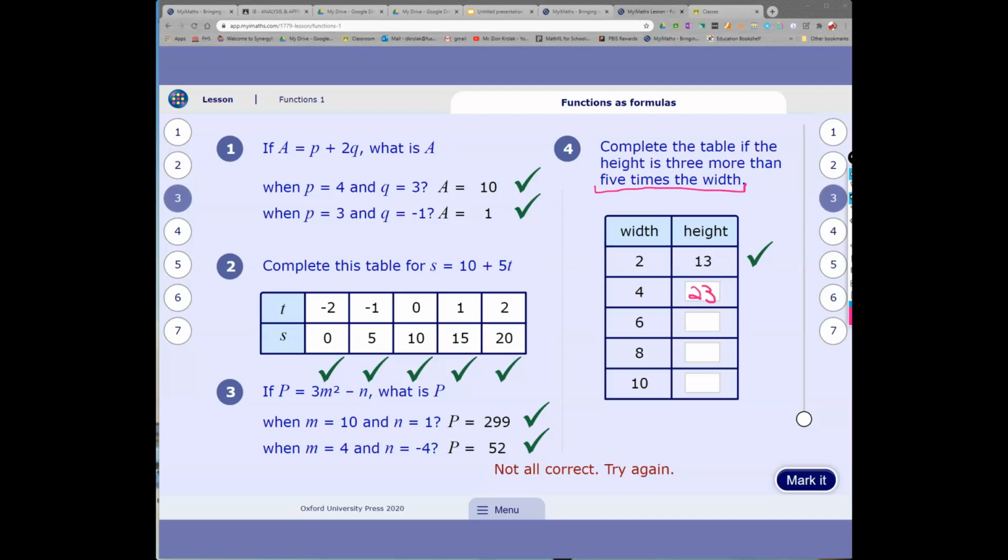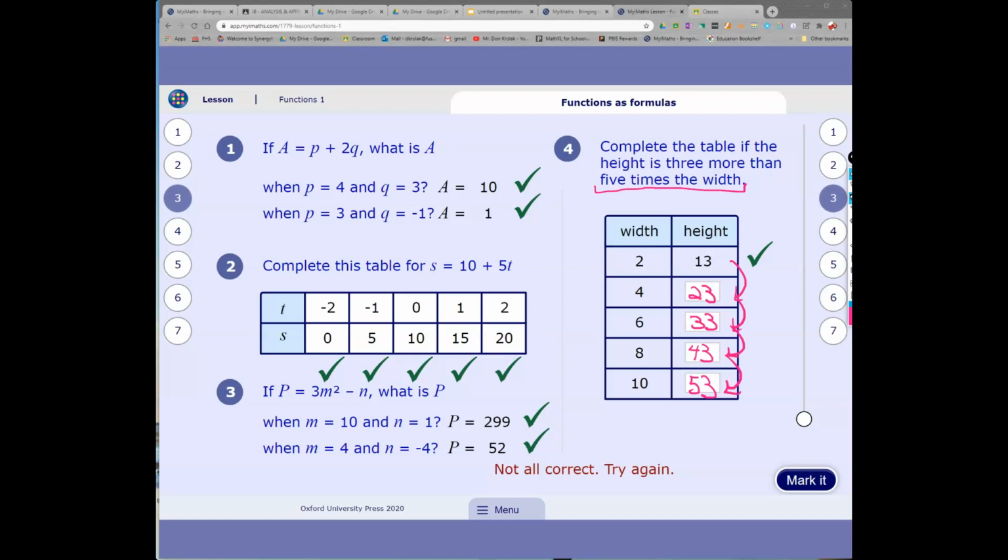Okay. 6 times 5, 30, plus 3, 33. 8 times 5, 40, plus 3, 43. And 10 times 5, 50, plus 3, 53.